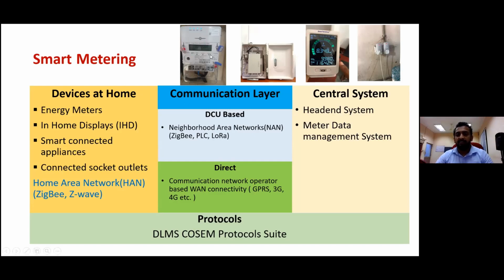Usually the energy meter is going to be on a wall outside, looking outside the home. So in order for the residents to see their consumption, this kind of in-home display can be kept inside the home in a visible location.